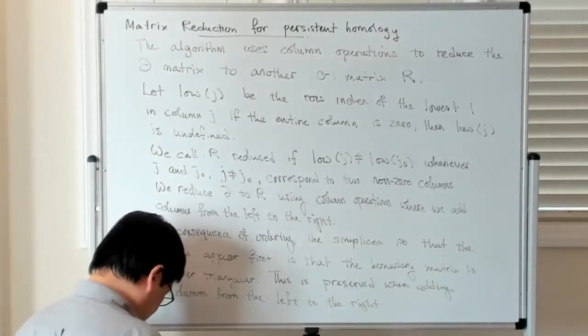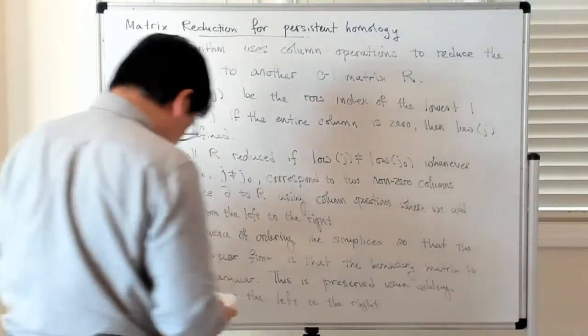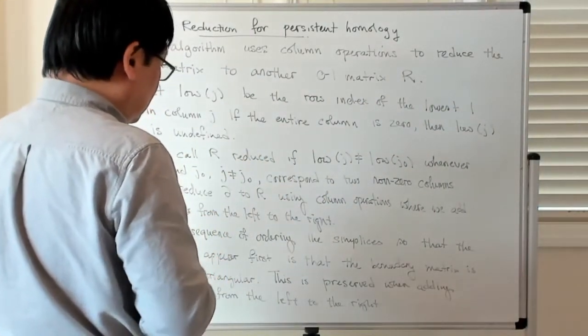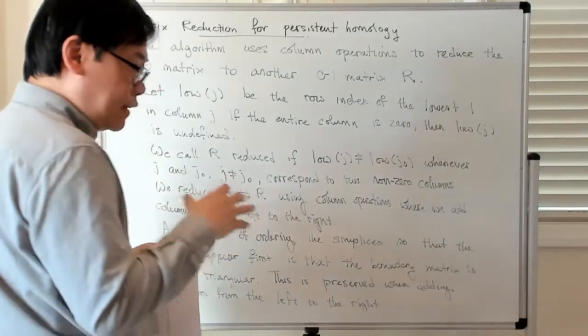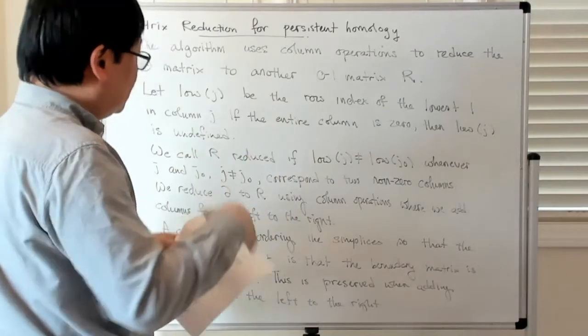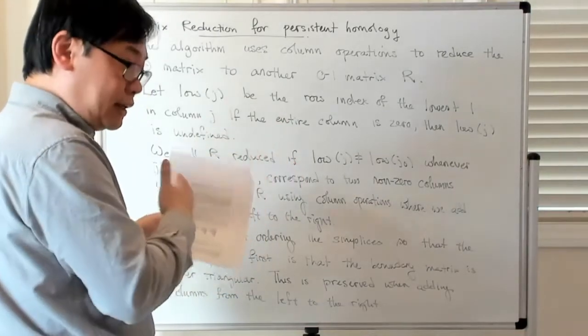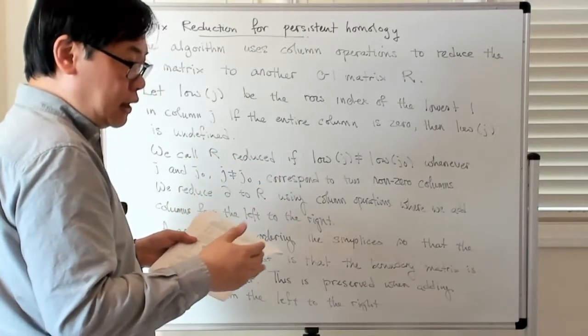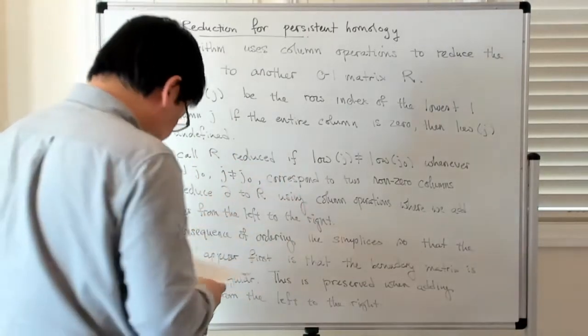You probably already know that row operations can be thought of as a linear transformation, or a matrix acting on another matrix on the left, and column operations are related to multiplication on the right.